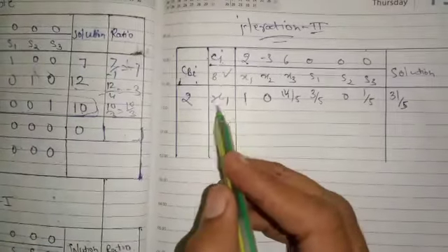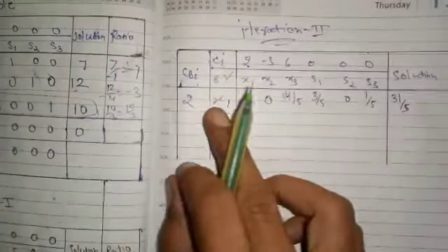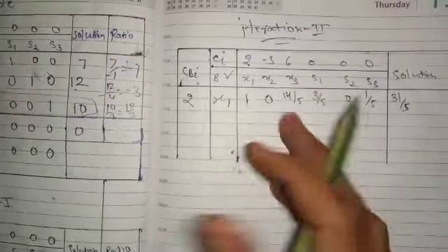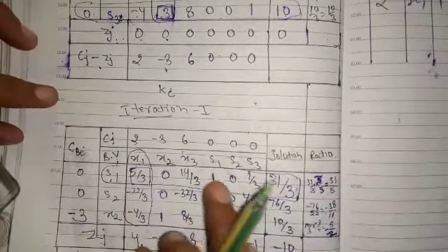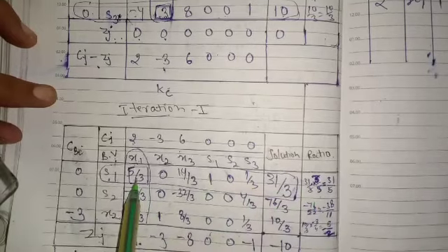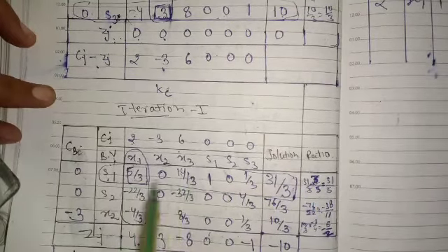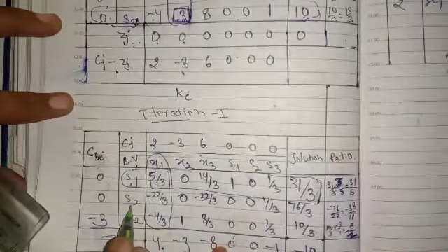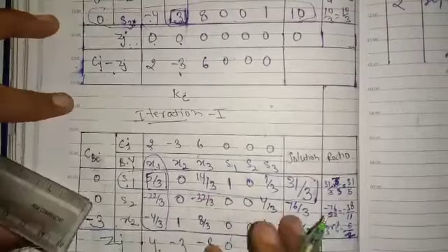So this is the new value for the X1 variable. To find this, every element of the first row is divided by the key element. So dividing by this element we get these values. Now find the values for S2 and X2, the new values for S2.